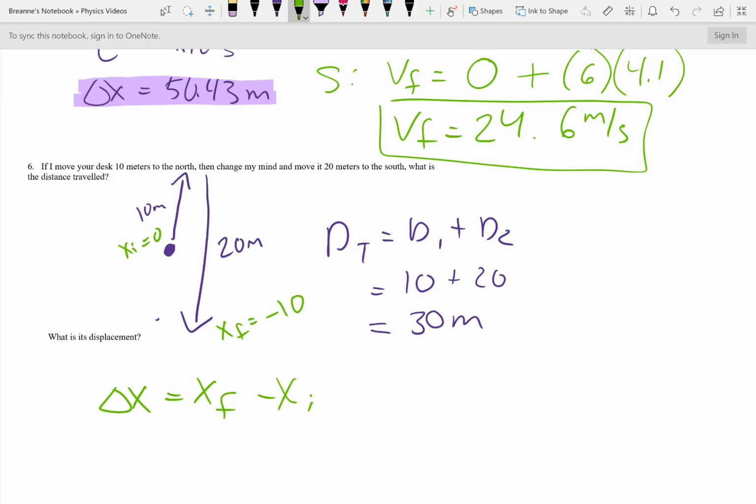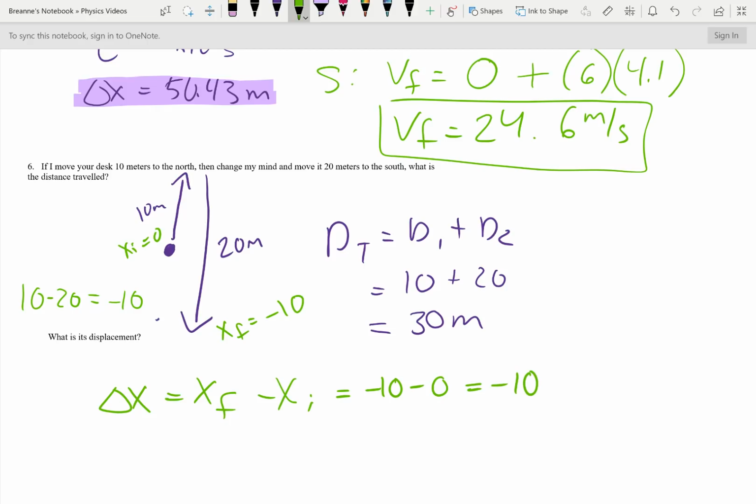How I got -10? Well, think about it. You went 10 up and then 20 down. So basically you would do 10 minus 20, and you got a -10. So your final position is -10. Your initial position was 0.